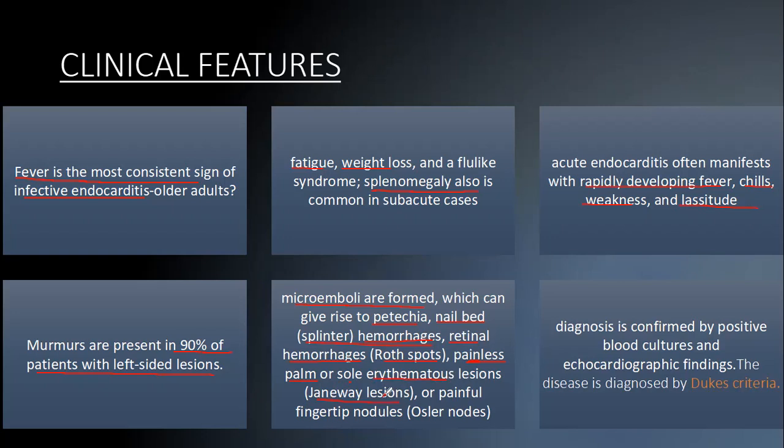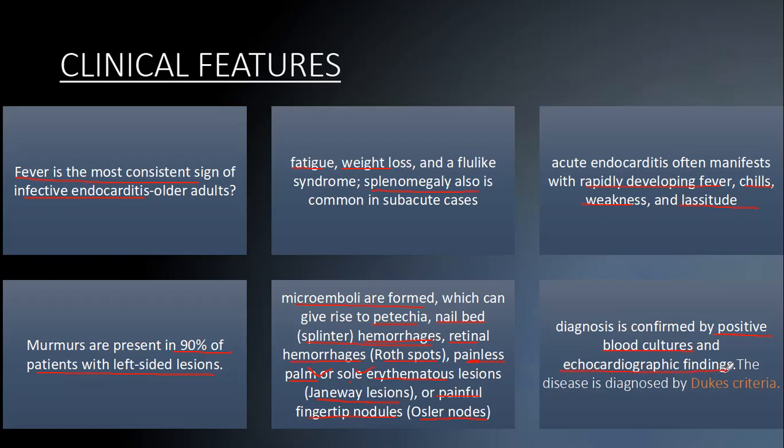So Janeway lesions are red lesions, and they're painless, and they're found in the palm or the sole. On the other hand, Osler nodes are painful nodules found in the fingertips, either in the fingers or on the toes.